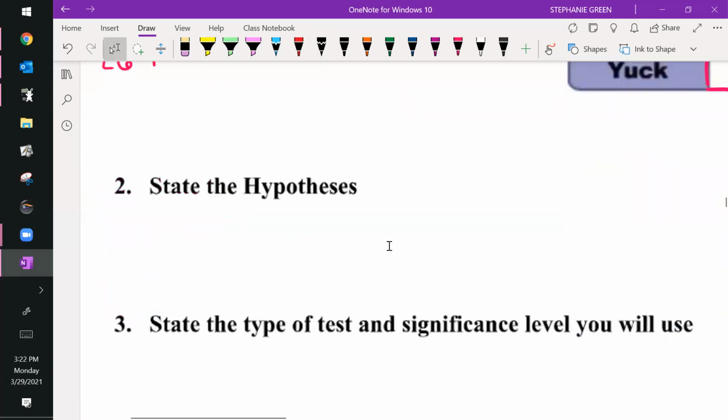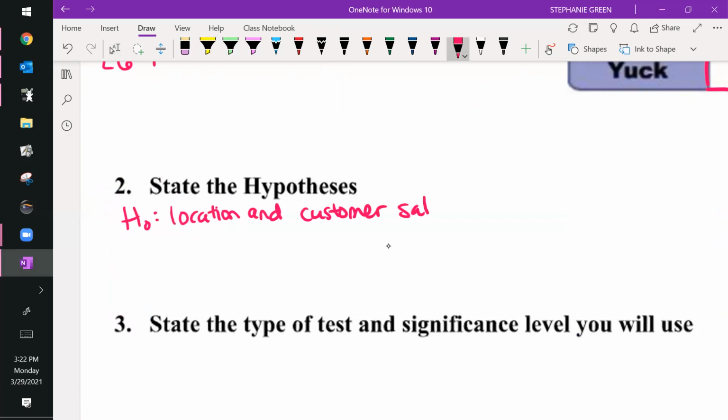Next step, state your hypothesis. H naught is they are independent. Location and customer satisfaction are independent, meaning they are not associated. And our alternative hypothesis is that they are associated.